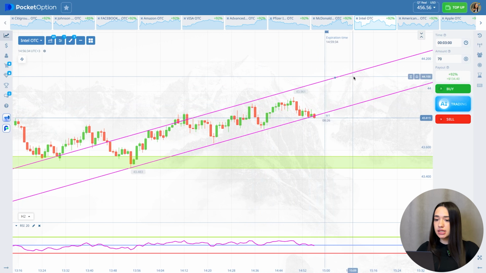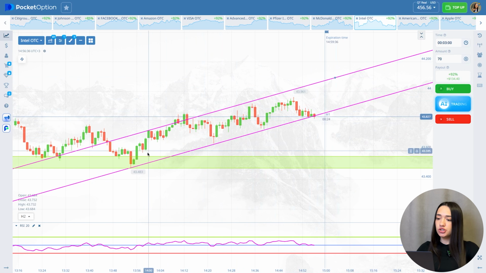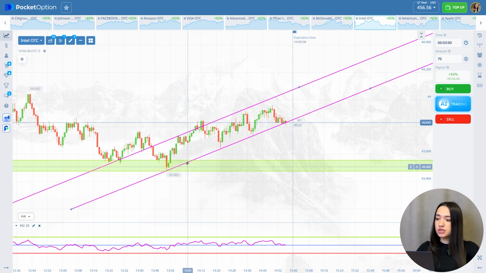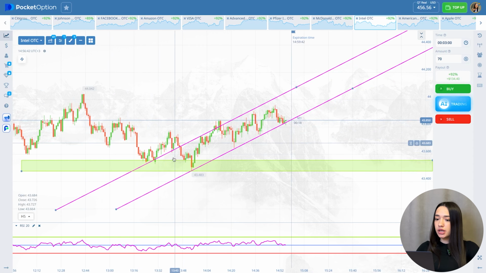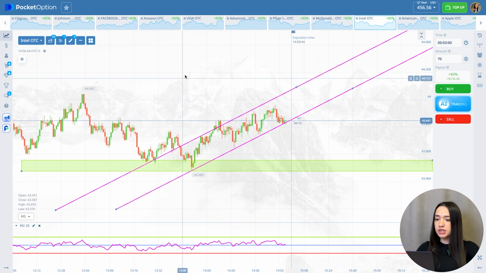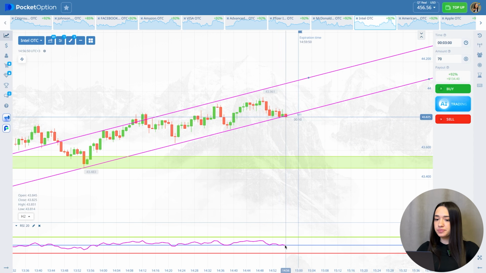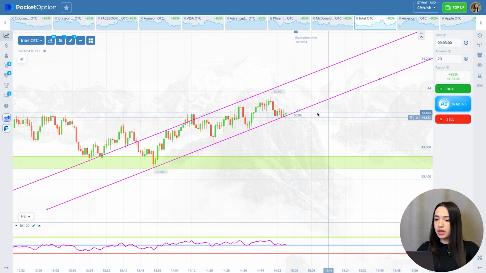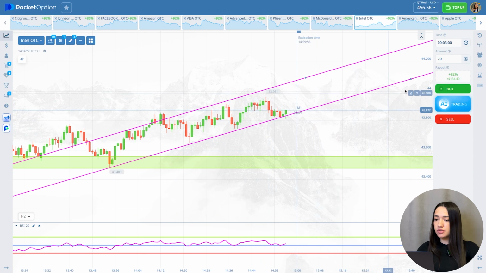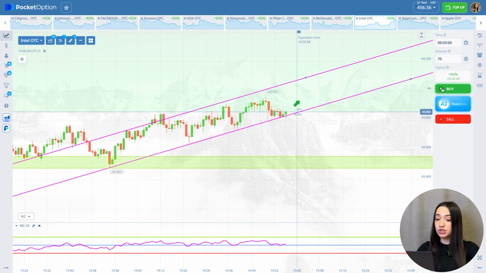As you can see, guys, the trend here is bullish and the price bounced off the structural level, and we mark it as a support area. Now RSI is reaching the level 50 and moving slightly below it, which gives us a good signal to open a buy position.